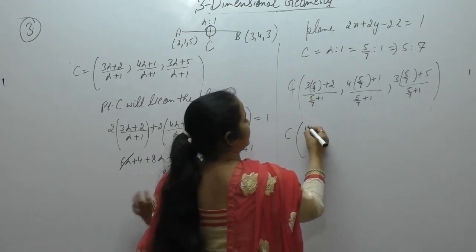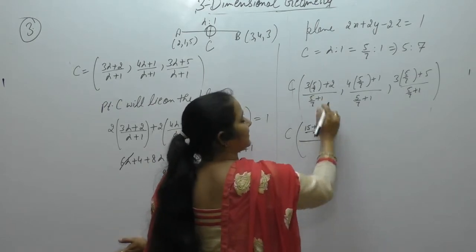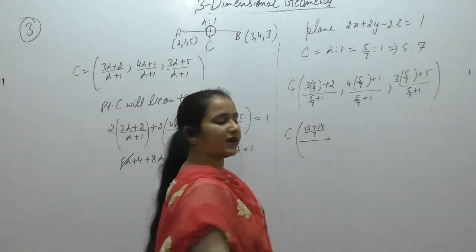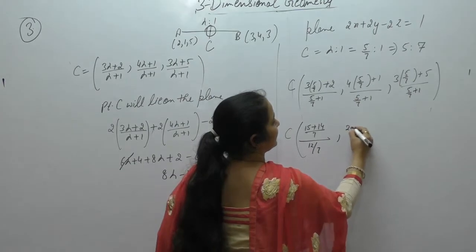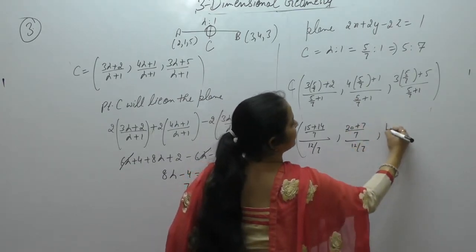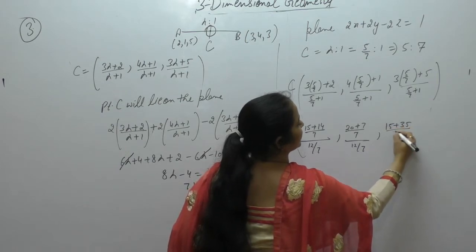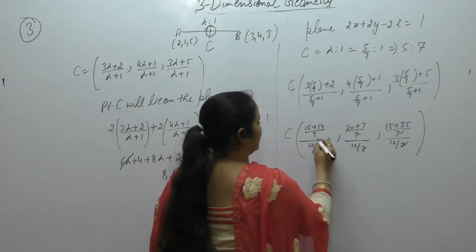5 into 3 is 15, 7 into 2 is 14, upon 7, 7 into 1 is 7, plus 5, 12/7. 20 + 7, 12/7. 15, 7 into 5 is 35, 12/7. 7 will get cancelled.